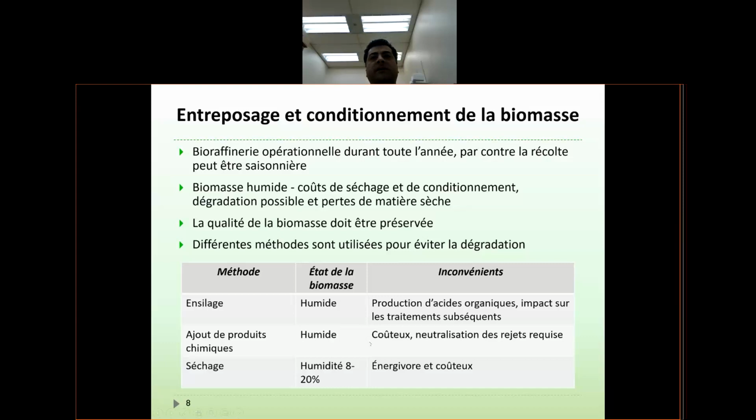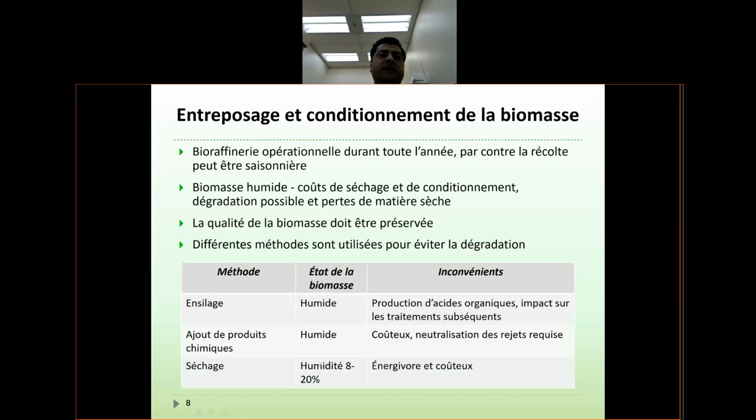Another technique of conditioning biomass is to add specific chemicals. For example, they add some phosphate chemicals in order to neutralize the conditioning of biomass, but that process is kind of expensive. By the way, even with chemical treatment, the biomass will end up in a humid situation.